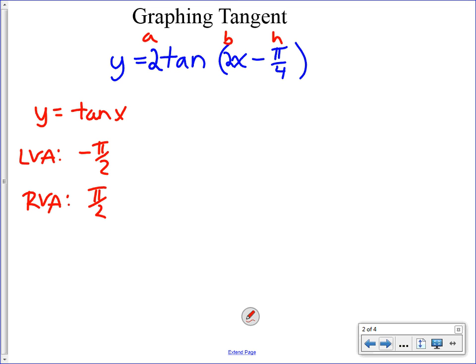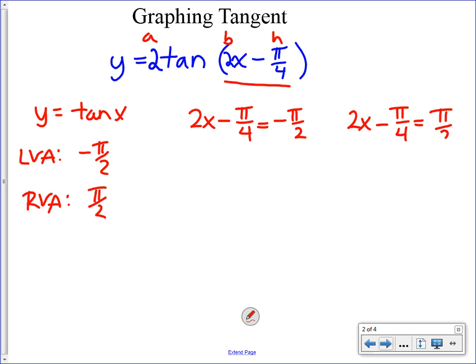In order to set up our x-axis, all we're going to do is take what's inside the parentheses, the 2x minus pi over 4, and set this equal to negative pi over 2 and positive pi over 2.